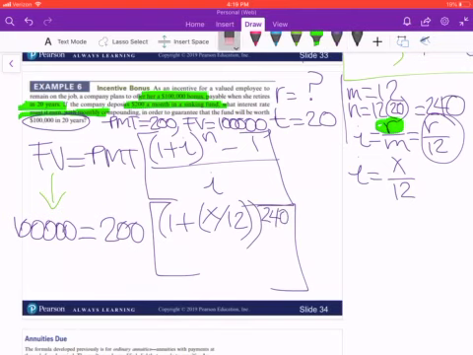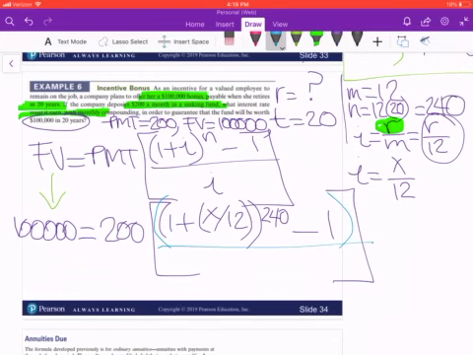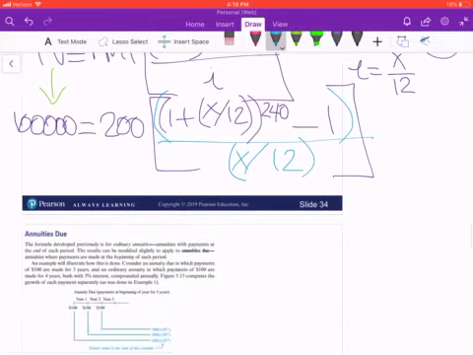Minus 1. And remember, this will have to have another parenthesis here for the denominator. And here we will enter X divided by 12. So what we're going to do is graph this one as one of the functions.